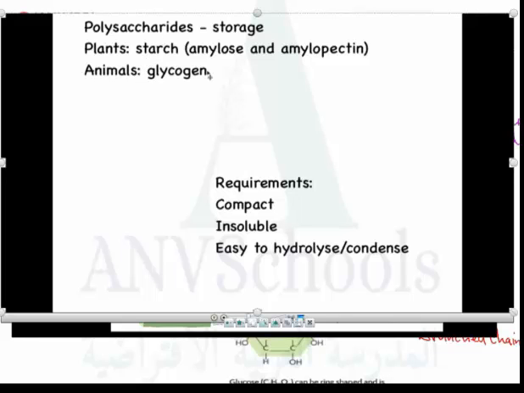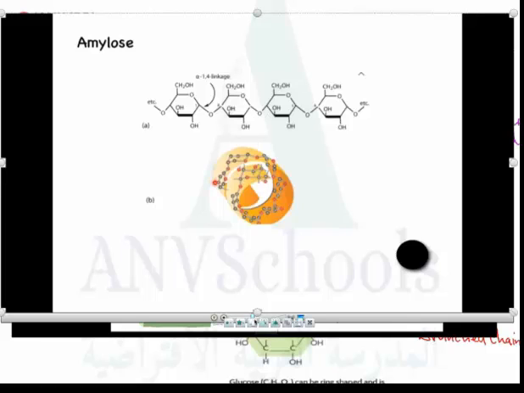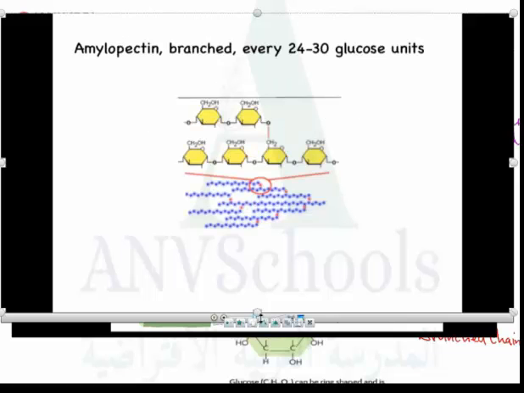And in animals, we have what we call glycogen, which is normally produced in the liver. When these continue bonding, they form either a monosaccharide or a polysaccharide, which in this case is a polysaccharide.